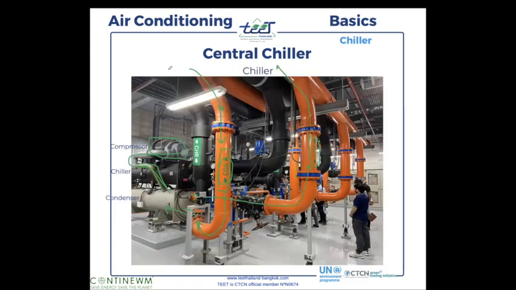The water that is coming back from the cooling tower is colder than the water that we send to the cooling tower from the condenser of the chiller, which is warmer. So this is the bottom part. Basically this is the outdoor compressor.